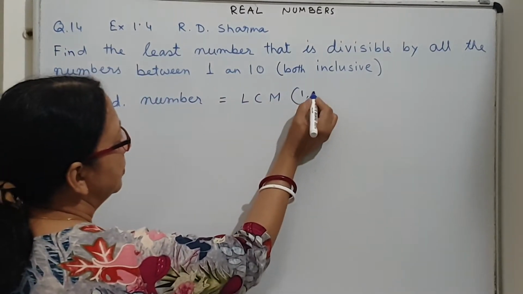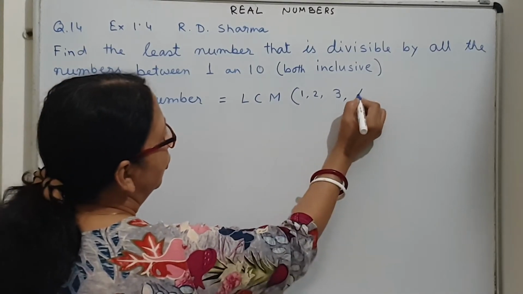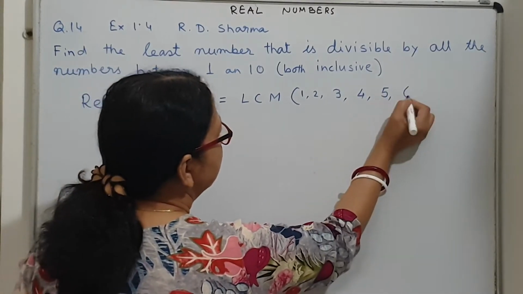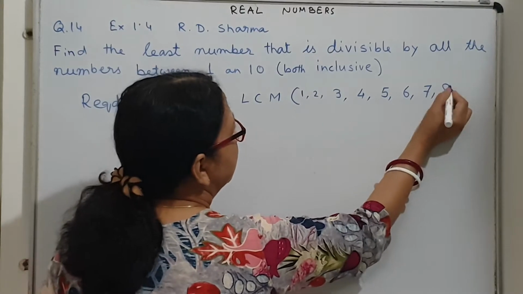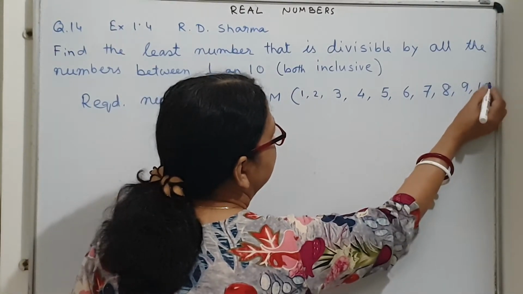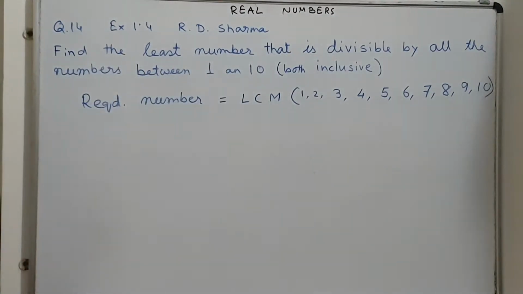So I start from 1, 2, 3, 4, 5, 6, 7, 8, 9, 10. So this will be the required number.